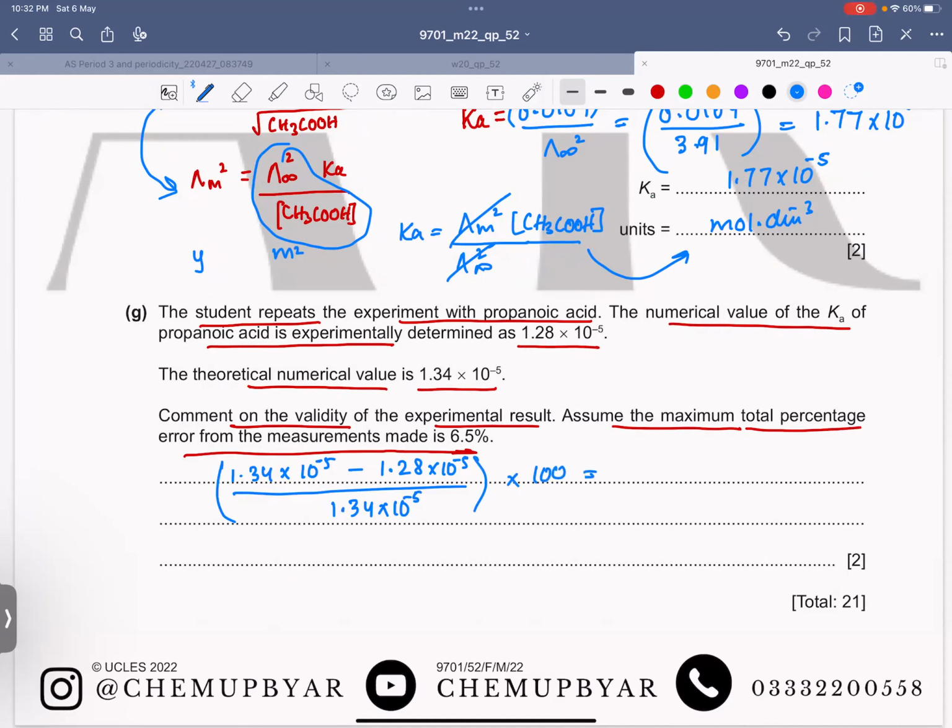We will get the error, whether the error is 6.5% or greater than this. So can anybody tell me the percentage error in the experimental value?